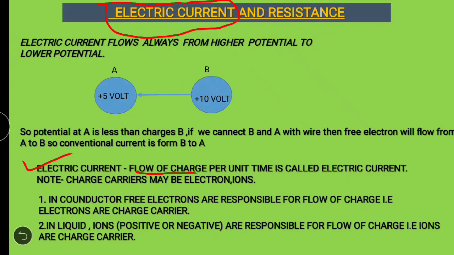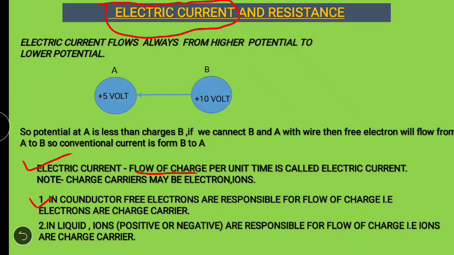Here, for elaborating this, I have mentioned 3 points. First point, in the case of a conductor, free electrons are responsible for the flow of charge. That is, electrons are the charge carriers. Due to the flow of electrons, the current passes through the conductor. In the case of a liquid, ions are responsible for the flow of charge. That is, ions are charge carriers.